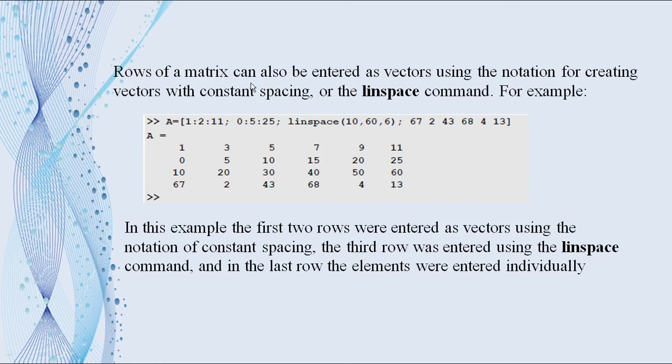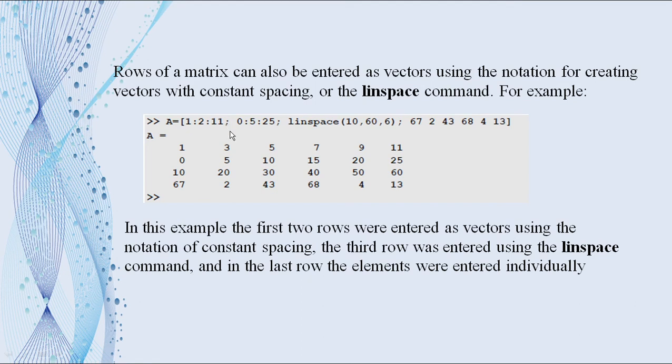Rows of a matrix can also be entered as vectors using the notation for creating vectors with constant spacing, or the linspace command. For example, A is equal to 1:2:11, semicolon.